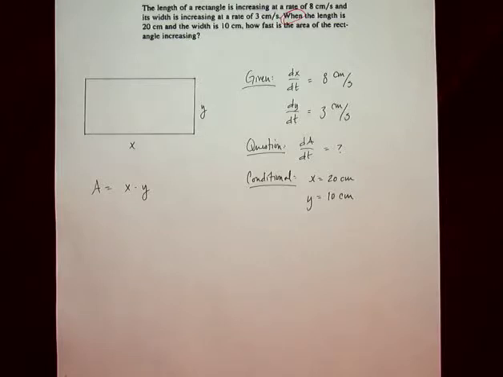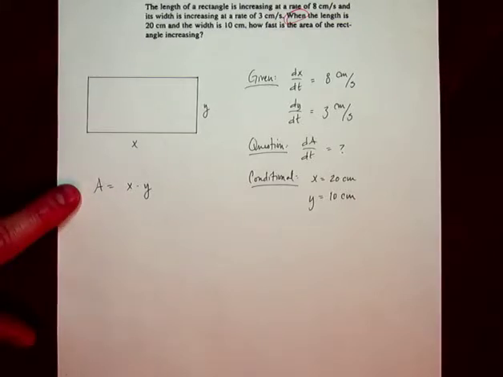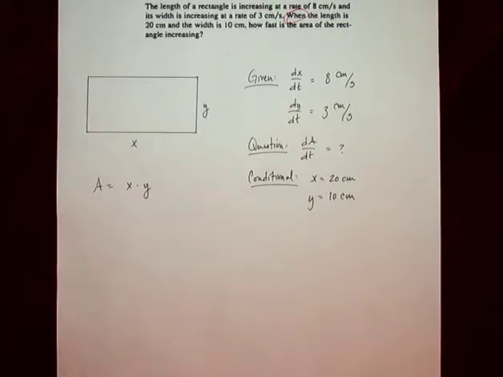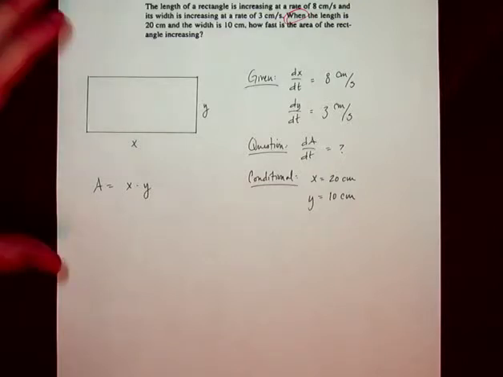Just like the Pythagorean theorem puts the legs and the hypotenuse into a necessary relationship, this formula puts the area and the length and width of a rectangle into a necessary relationship. This formula relates the magnitudes of the area, the length, and the width. If I differentiate it, I will be able to relate not the magnitudes, but the rates at which those magnitudes change. So let's go ahead and differentiate.